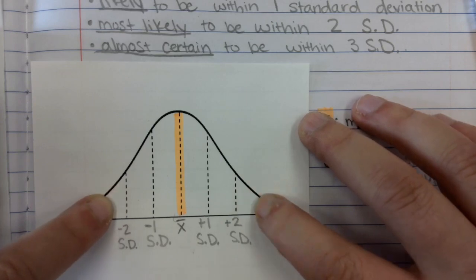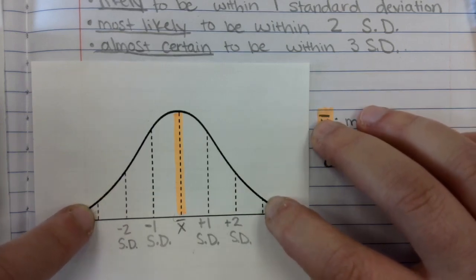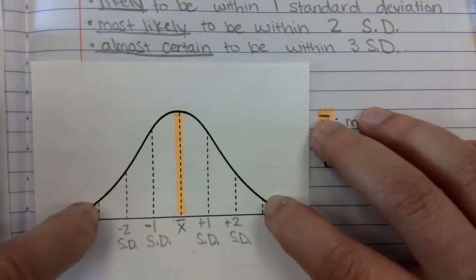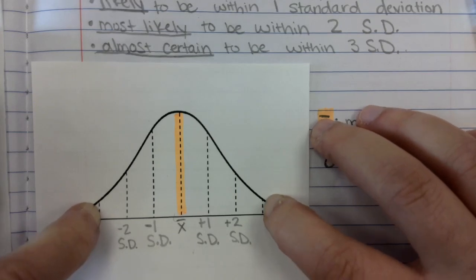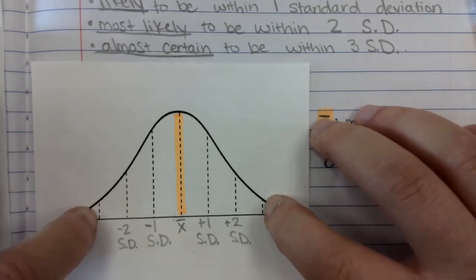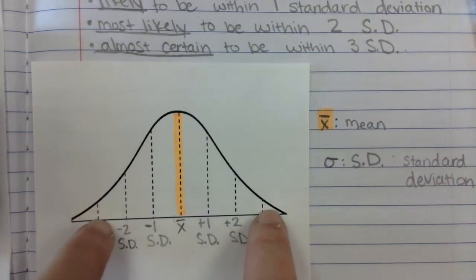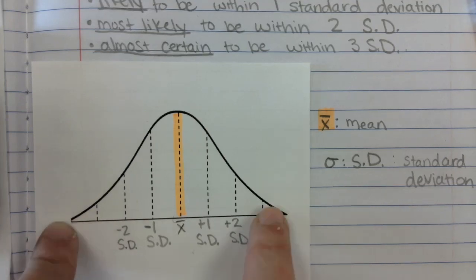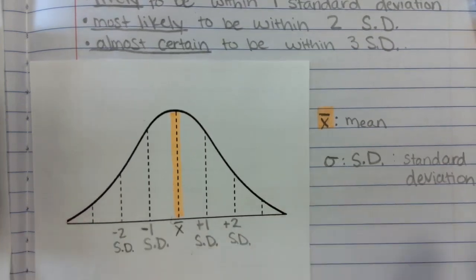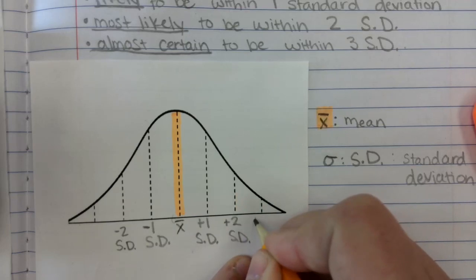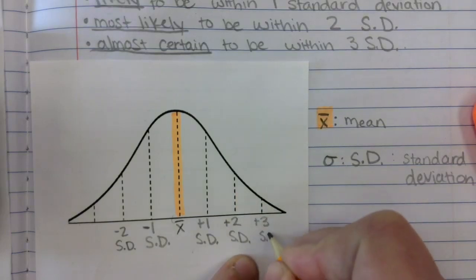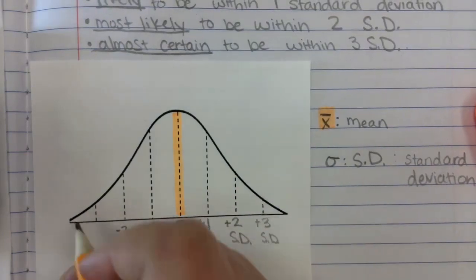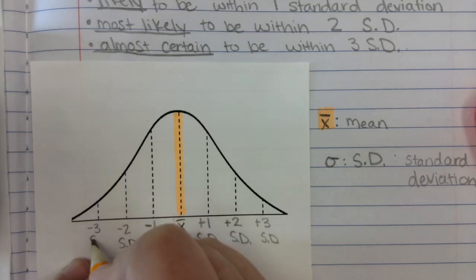If we go out one more standard deviation, it's almost guaranteed that all the data will be in between these two lines. Anything that's outside of these two lines is going to be an outlier. Okay? Something that doesn't quite belong. So this is our +3 standard deviation and our -3 standard deviation.